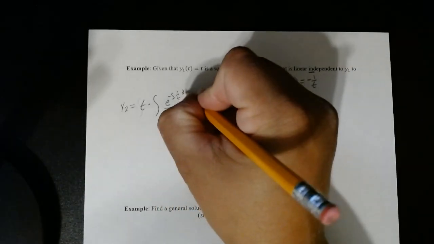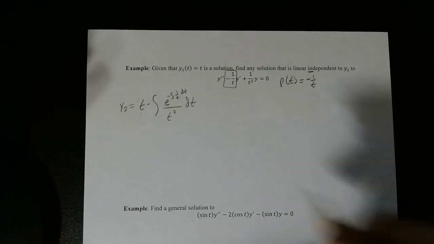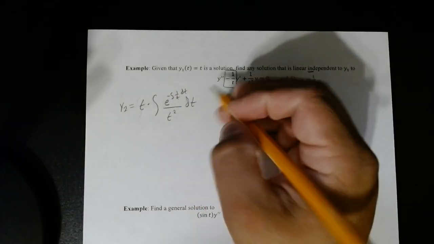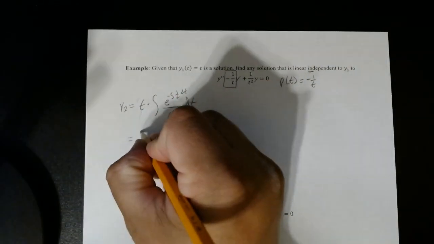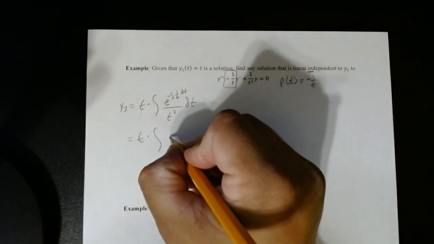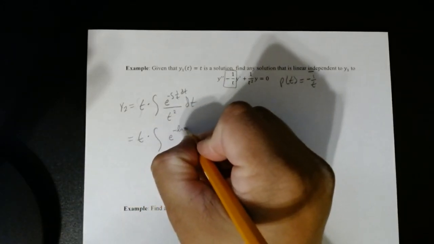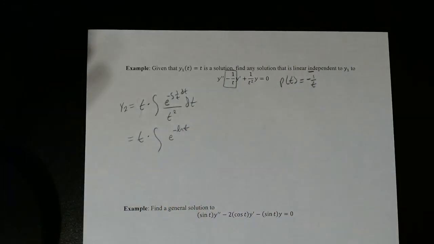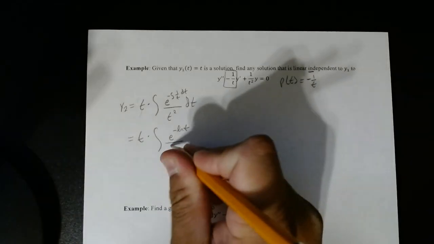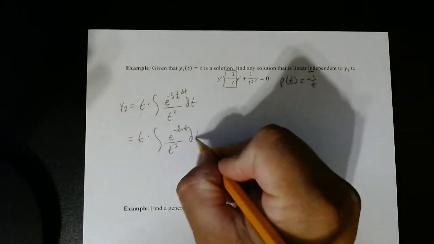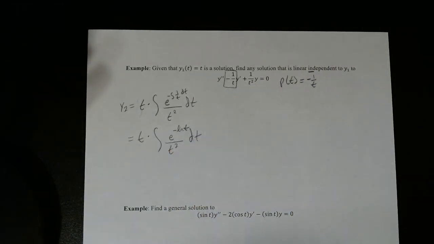Put that dt there as well. So this is nice. This is ln of x. So we'll just slowly break this down. Okay, so far so good.